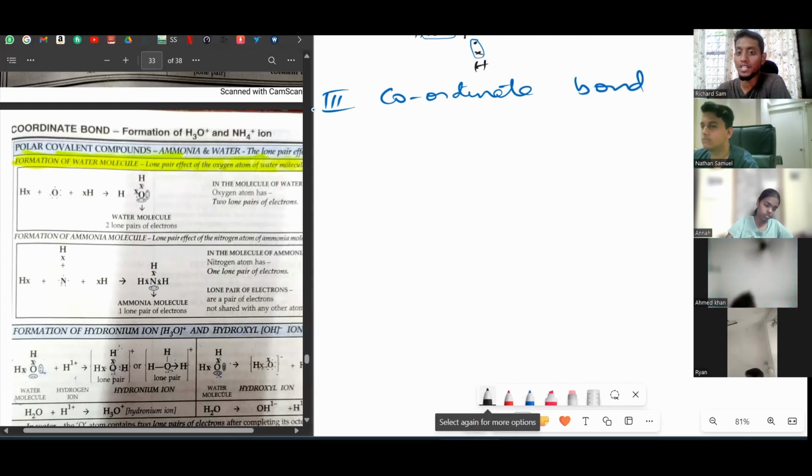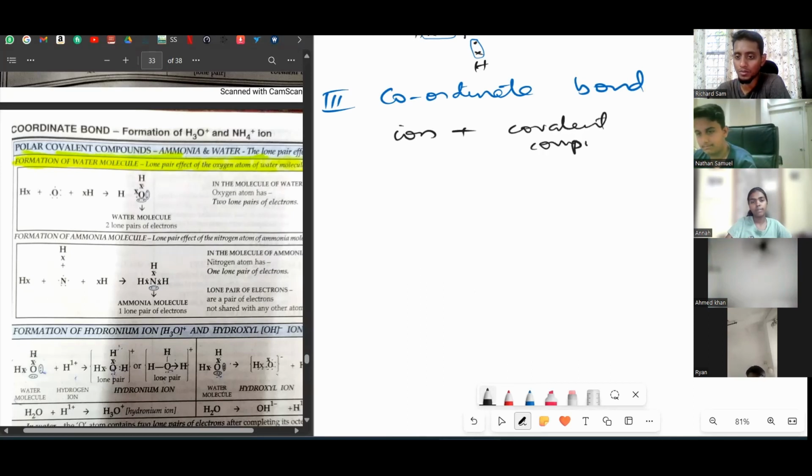Now coordinate bond takes place between what all? It's between an ion and a covalent compound. Covalent compound, not covalent element. Okay, what are the covalent compounds we saw?